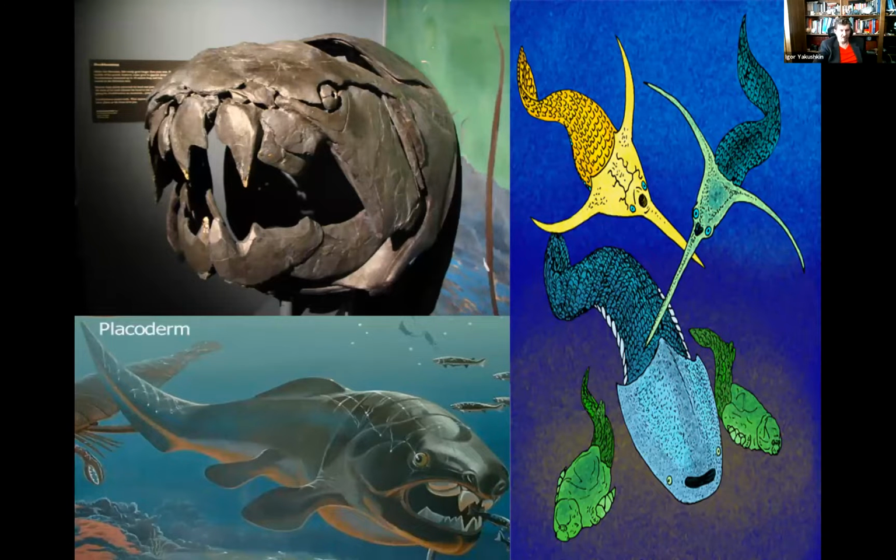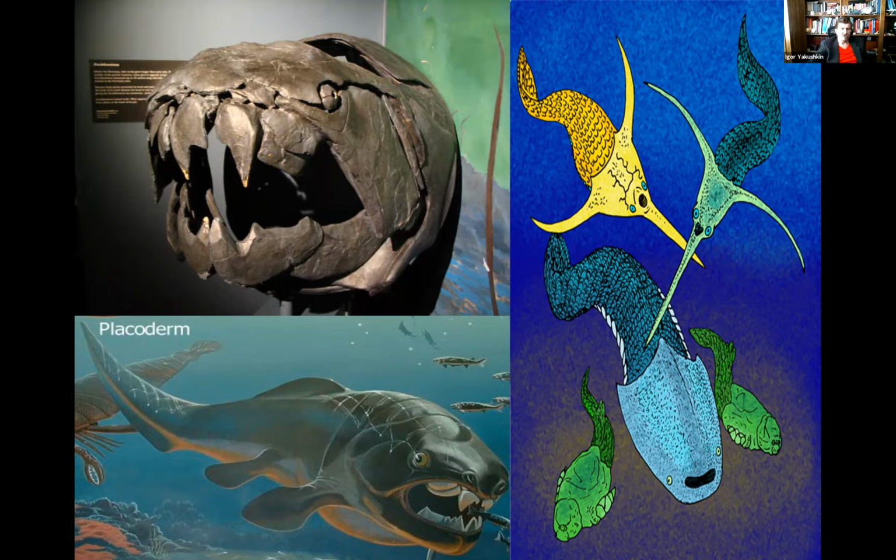Some of them were very, very formidable predators of those seas during the Devonian era. We're talking about 400-ish million years ago. And then there was another group that started protecting the skull, at least, from any kind of predators.